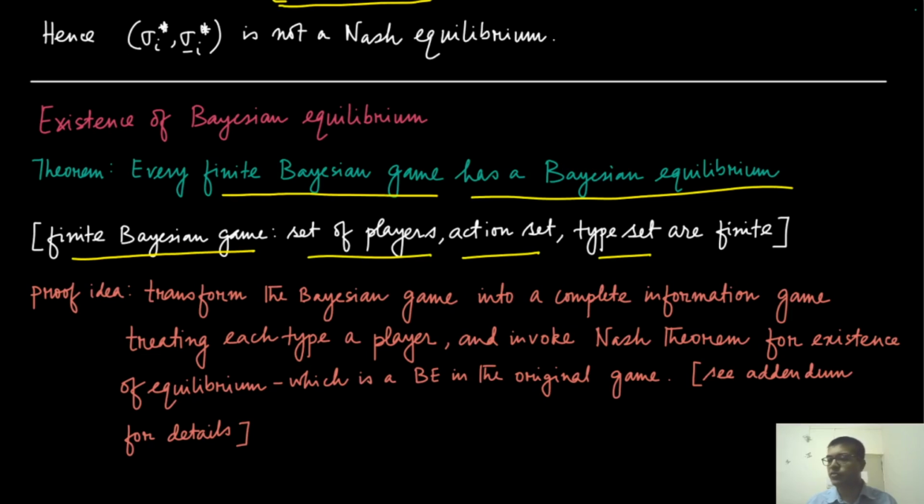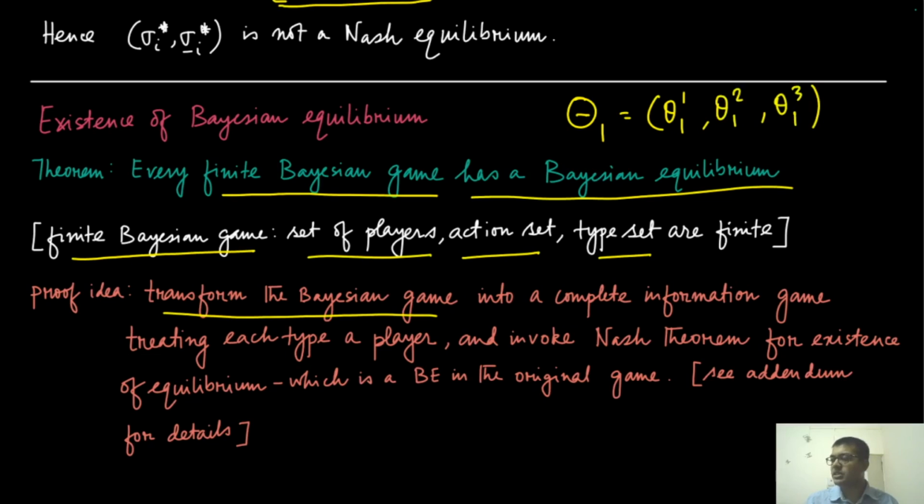But the idea of the proof is that you will have to transform this Bayesian game into a complete information game. How can we do that? By treating each of these types in the type sets as a different player. Let's say we have theta 1, which has, let's say, 3 elements, theta 1 1, theta 1 2, and theta 1 3. We can create a larger set, and maybe similarly there is a capital theta 2 which also has similar terms.